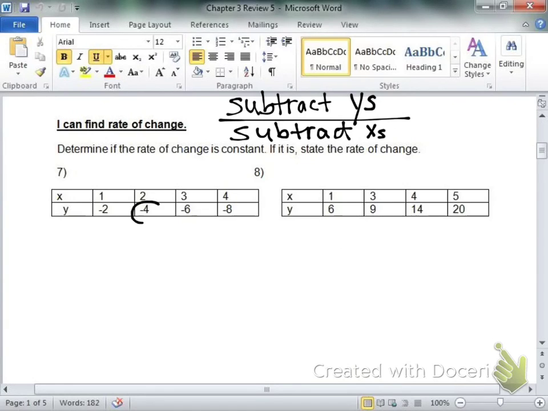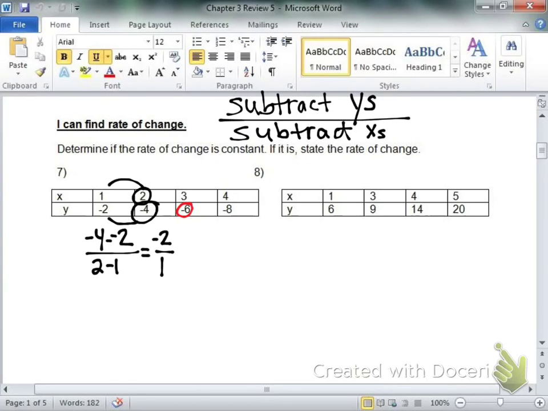So number 7, I'm going to do -4 minus -2 over 2 minus 1. On the top, that gives me a -2. On the bottom, that gives me a 1. If that's the rate of change each time, then I'll say yes, -2 over 1.